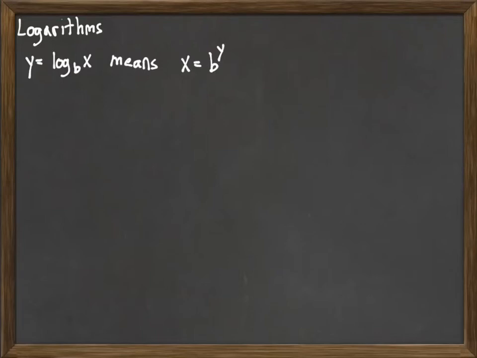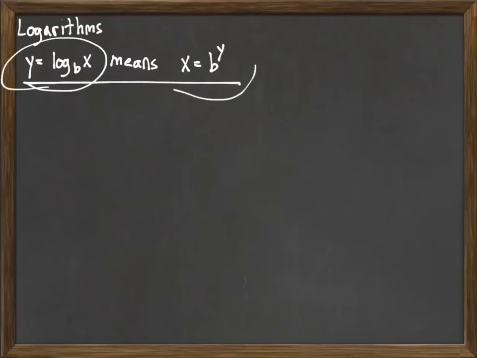And so log base b of x is equivalent to the exponential form x equals b to the y. Okay, so we have this relationship, which actually makes this logarithm over here the inverse of this exponential expression. And this is called a logarithm.